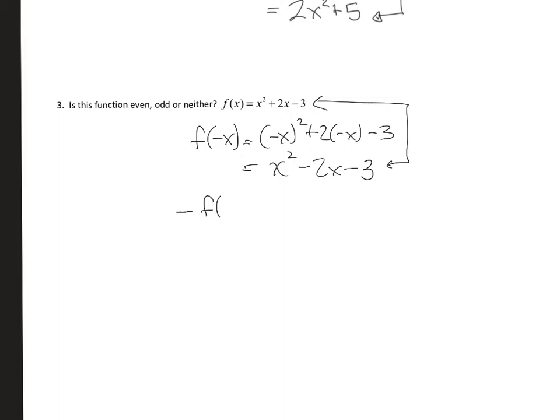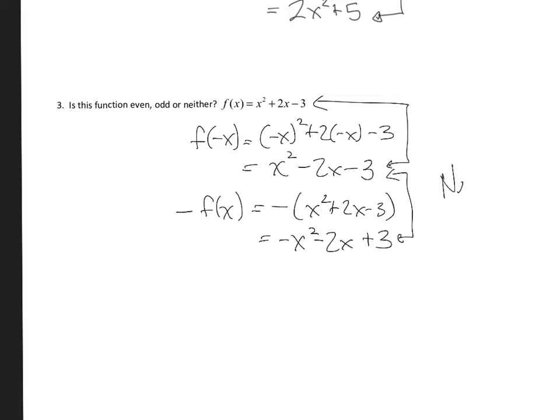And then let's take a look at the opposite. The opposite of the original function, which is negative x squared minus 2x plus 3. And those aren't equal either. So this one's not even, and it's not odd. So the answer is this one is neither.